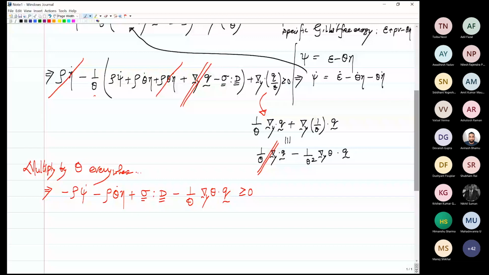And you will see that this will be used later on in deriving restrictions on the constitutive relation, which is the relation between stress sigma and kinematic quantities.